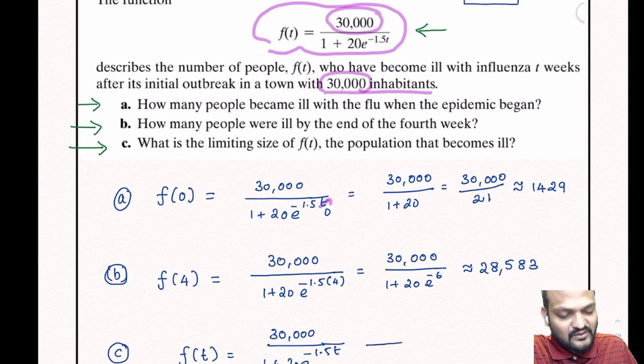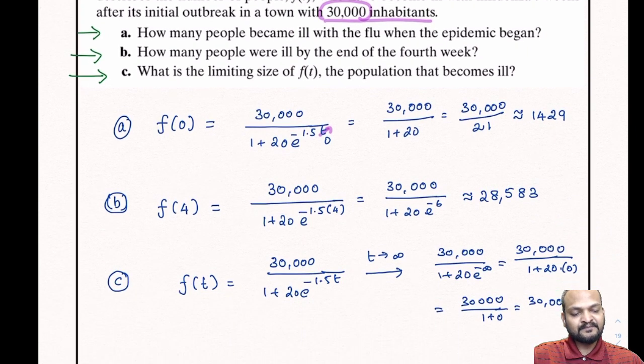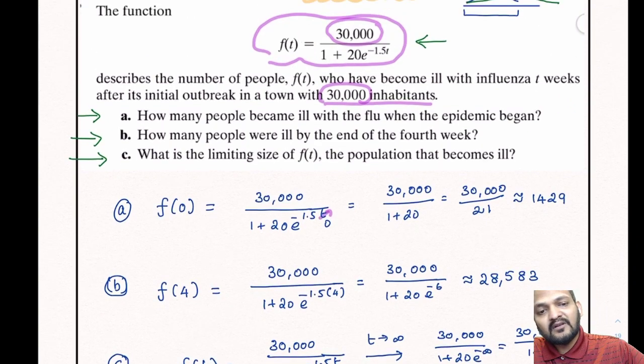So as t goes to infinity, this is going to be 30,000 over 1 plus 20 times e to the negative infinity, which is 30,000 over 1 plus 20 times 0, which is 30,000 over 1 plus 0, which is 30,000. So the limiting size in this case would be 30,000. And that's how we solve this particular problem.